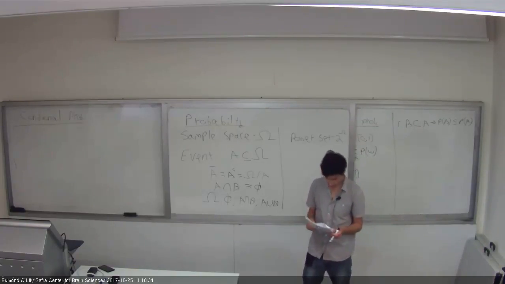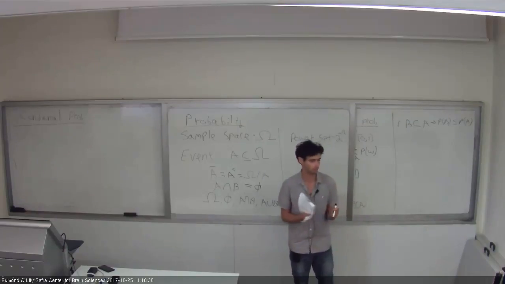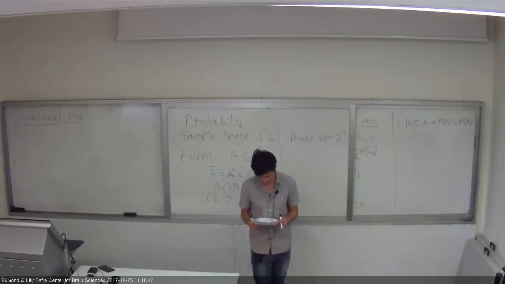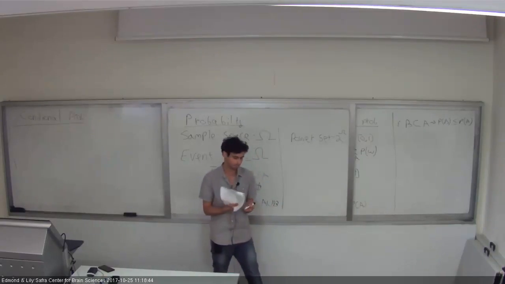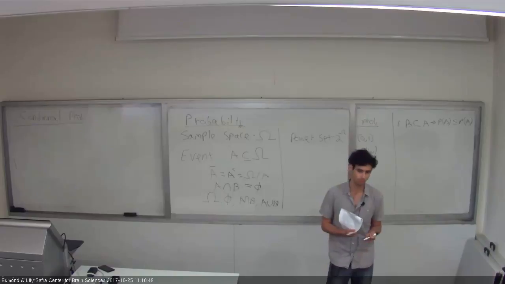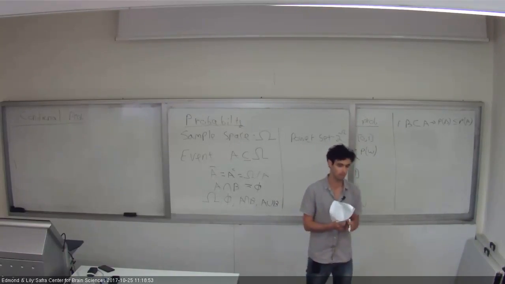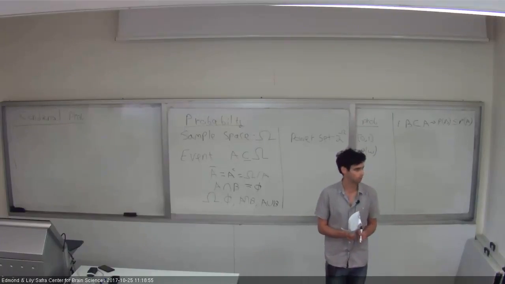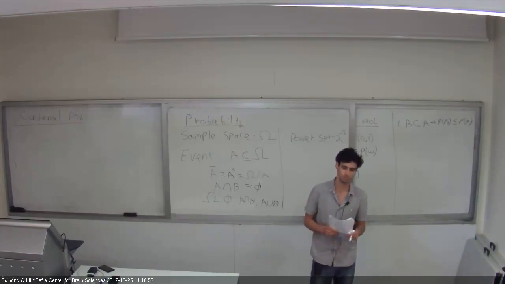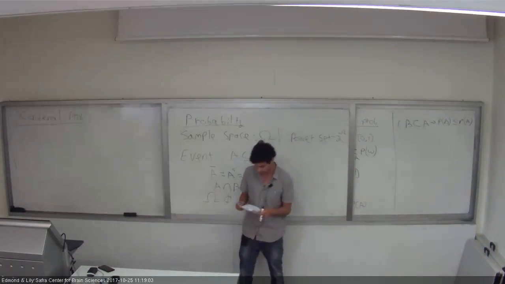How much do we need to change our belief about A if we already know B? Of course we need to look at their intersection, but as Tali said in the lecture, we also need to normalize it, because now we already know that B has occurred. So B is all our sample space.